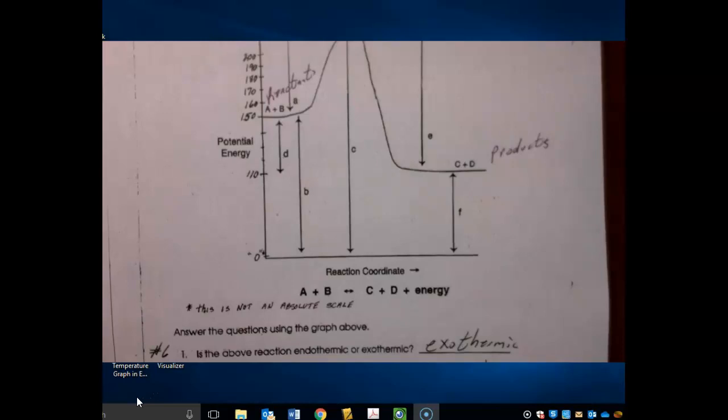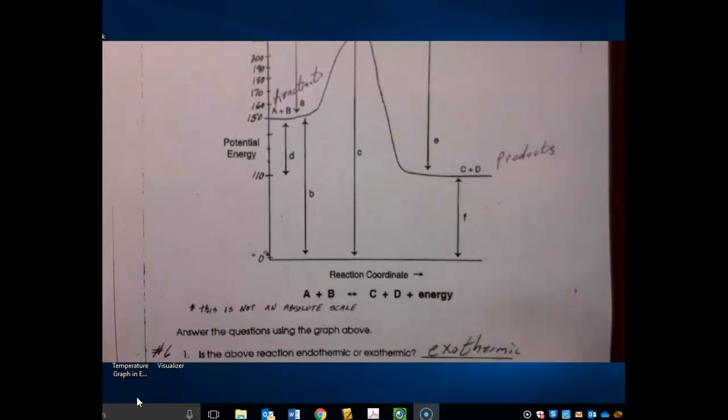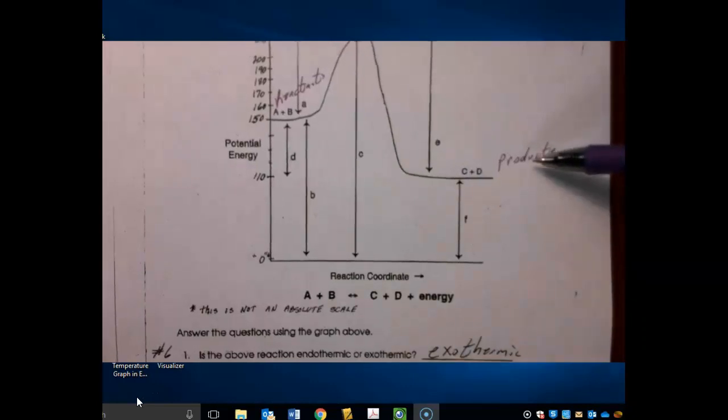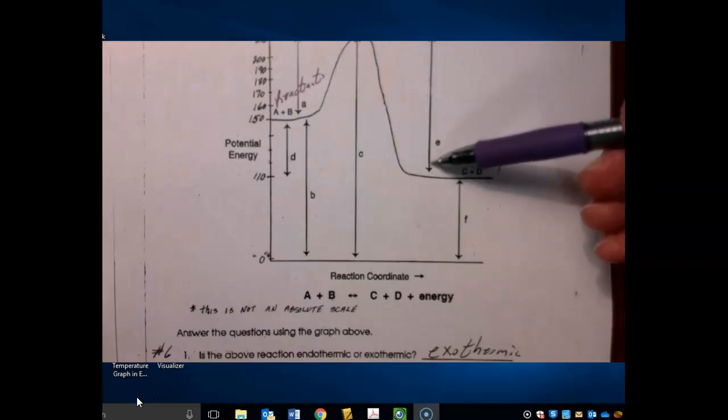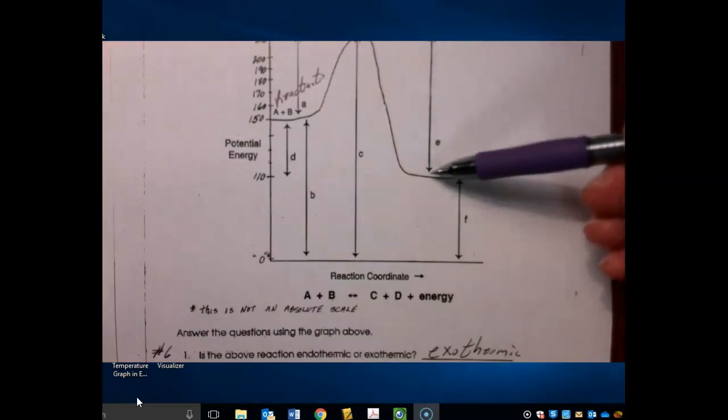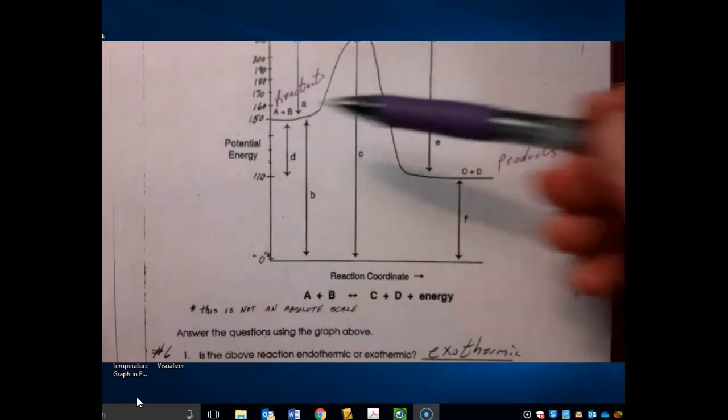And then what letter represents the activation energy of the reverse reaction? Let's think about what the reverse reaction means. In the reverse reaction, these are now the reactants and those are the products. So you're starting here and you have to get over this hump. So E represents the activation energy of the reaction going this way, the reverse way.